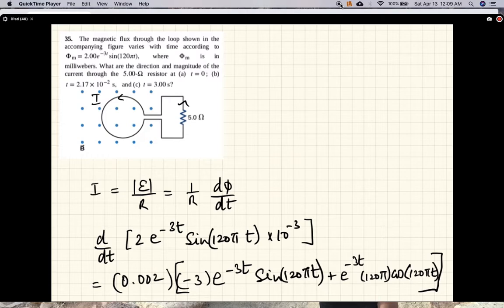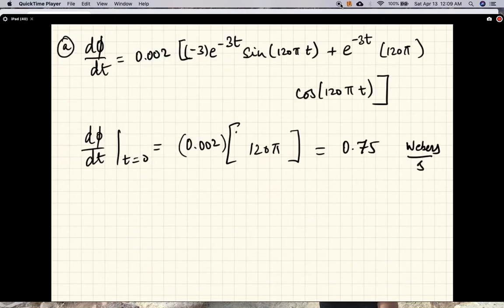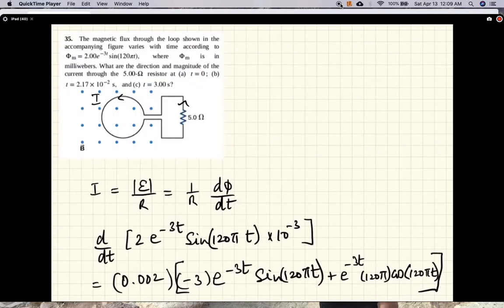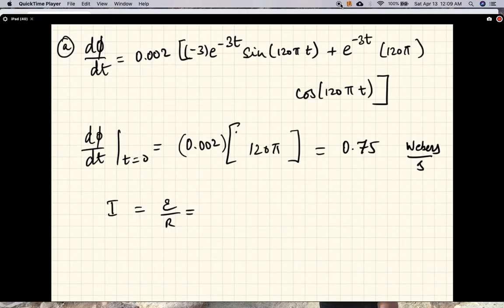The current I is EMF divided by R, and the EMF is dphi by dt.